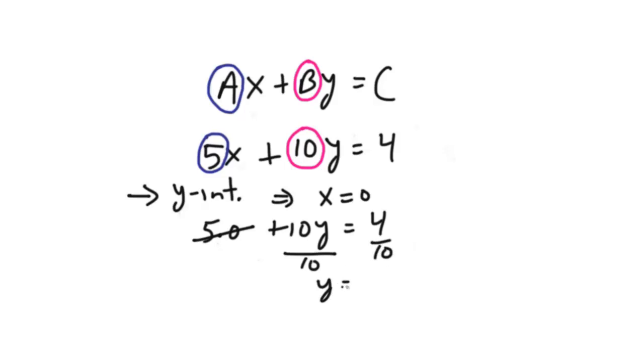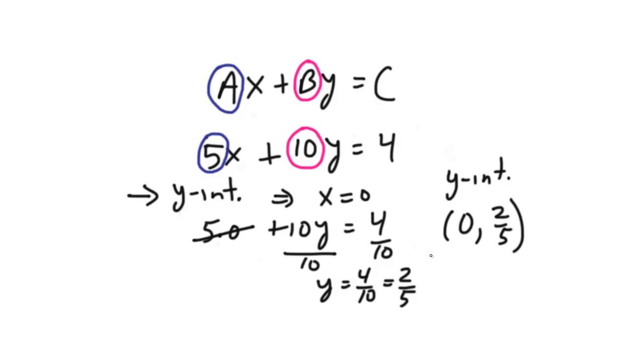So y is going to equal 4 over 10, which reduces to 2/5. So the y-intercept is at the point (0, 2/5). So the line will pass through the point (0, 2 over 5). And that's your y-intercept.